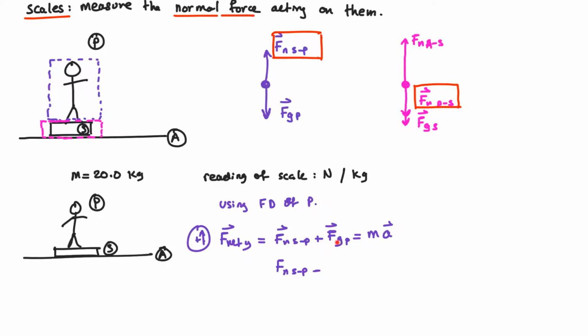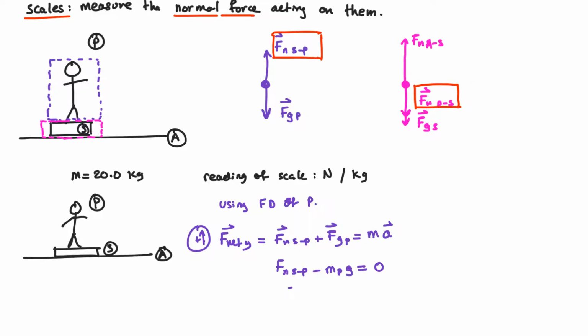And the gravitational force acting on the person is going to be the mass of the person multiplied by the gravitational acceleration acting on them. This is going to equal mass times acceleration, but the acceleration in this case is 0 because my object is neither accelerating up or down, so this is going to be 0.